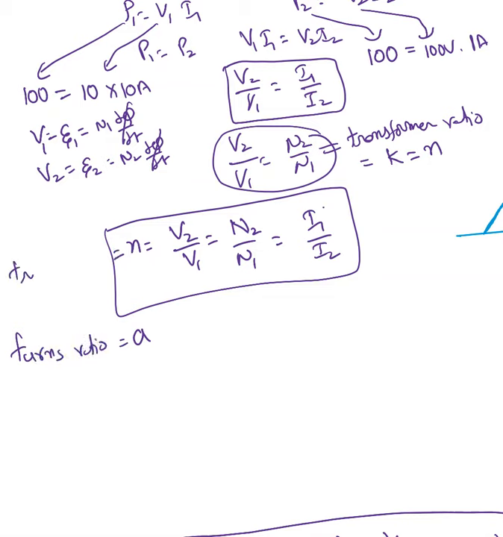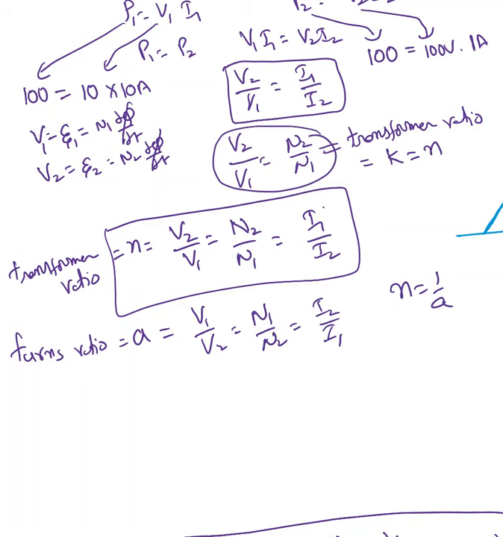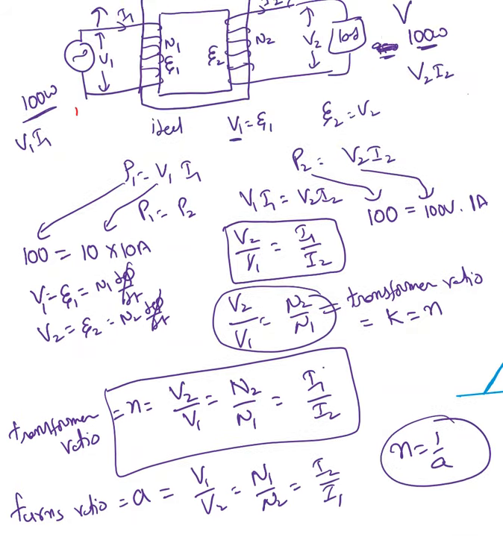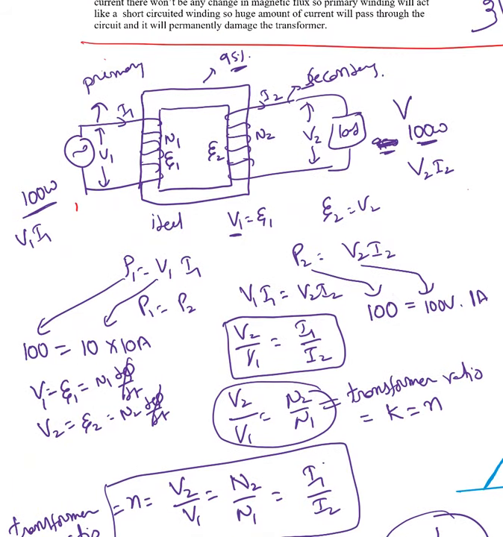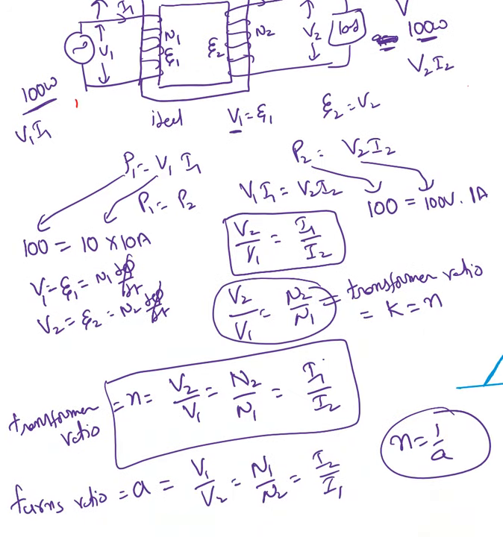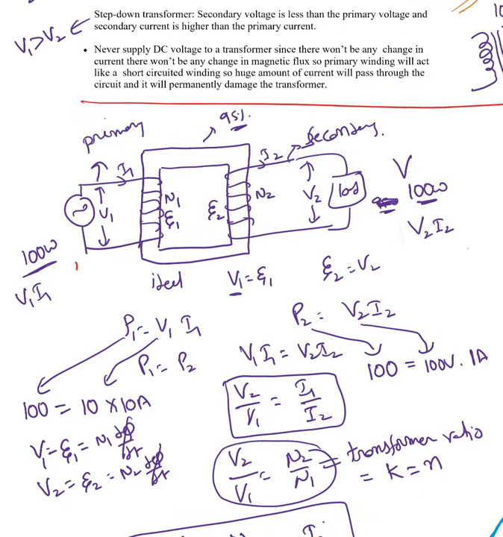N is the transformer ratio, A is the turns ratio, which is V1 over V2 equal to N1 over N2 equal to I2 over I1. So basically N is nothing but 1 over A. Okay, both of them are the same. So in this video we learned the basics about transformers, types of transformers, and the relation between the input and output voltages and currents.